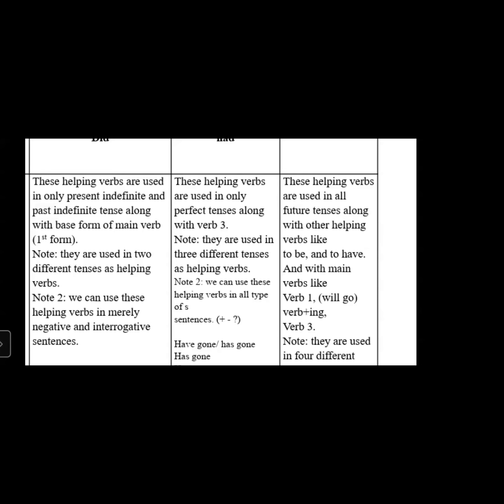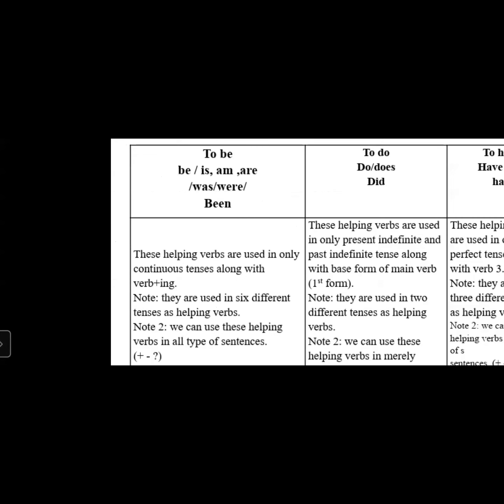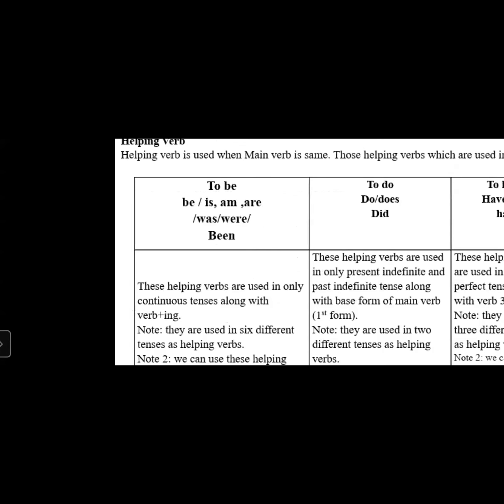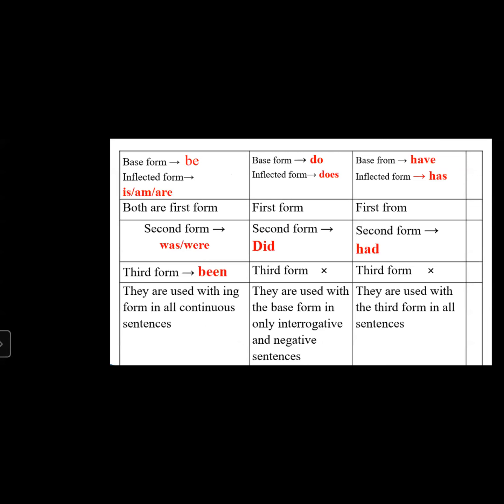Let's go in for depth. जिस तरह के मेन वर्ब्स की फॉर्म्स होती हैं, इस तरह हेल्पिंग वर्ब्स की भी फॉर्म होती है और इनको भी टेंसेस के मुताबिक हम यूज करते हैं। जिस तरह प्रेजेंट इंडिफरेंट में फर्स्ट फॉर्म, पास्ट इंडिफरेंट में सेकंड फॉर्म, तो इसी तरह प्रेजेंट टेंस में फर्स्ट फॉर्म ऑफ टू बी वर्ब, पास्ट टेंस में सेकंड फॉर्म ऑफ टू बी वर्ब और परफेक्ट टेंस में थर्ड फॉर्म ऑफ टू बी वर्ब, इसकी भी फॉर्म्स होती है। So the first form of to be verb is is, am, are, be, second form is was or were, and third form is been.